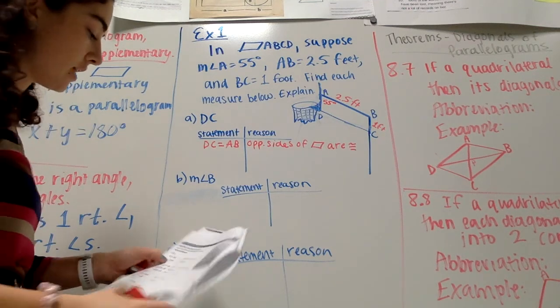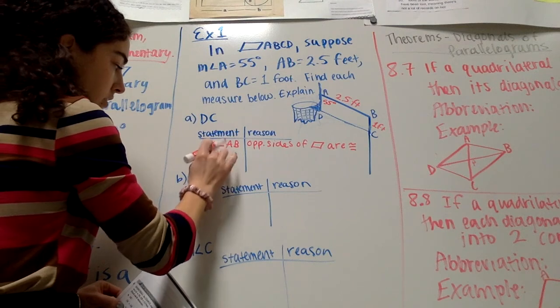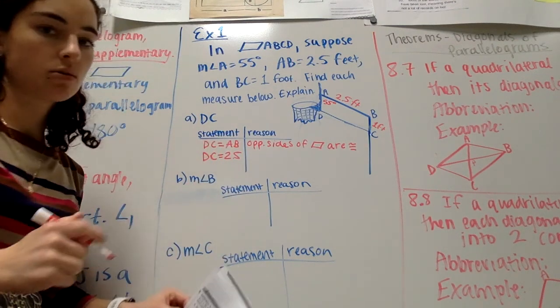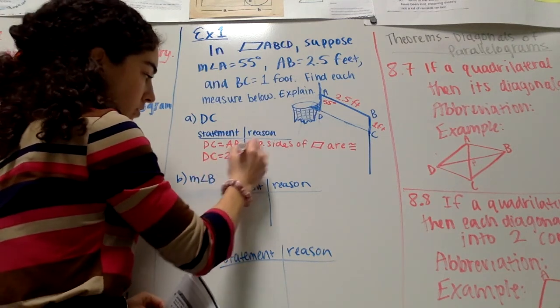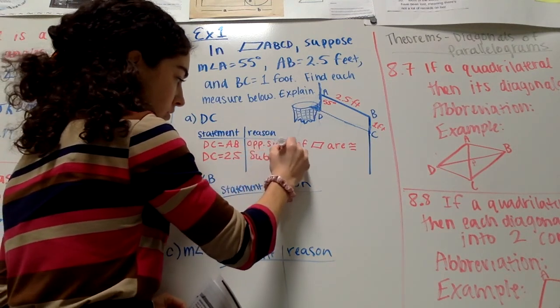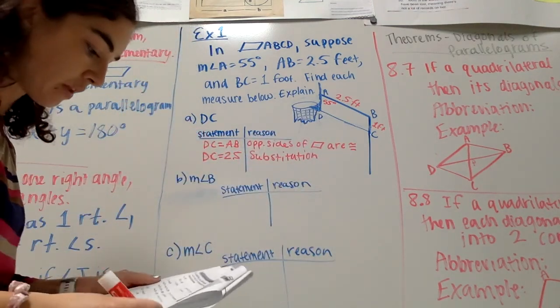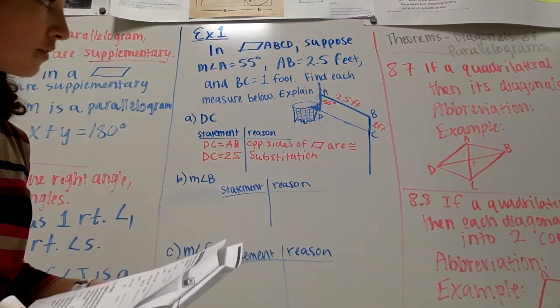Okay, and now we can say that DC equals 2.5 by substitution.